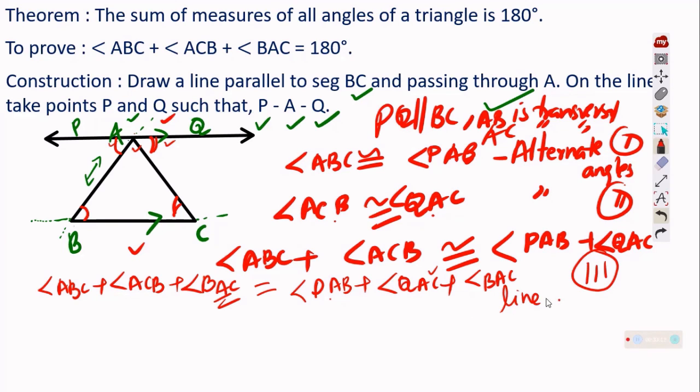They are on one line, and on one line means this is equal to 180 degrees. Then what is on the left side? ABC, this one. ACB, this one. Correct? Then BAC, this one, that is the interior of the triangle, which is equal to 180. This one is also equal to 180.